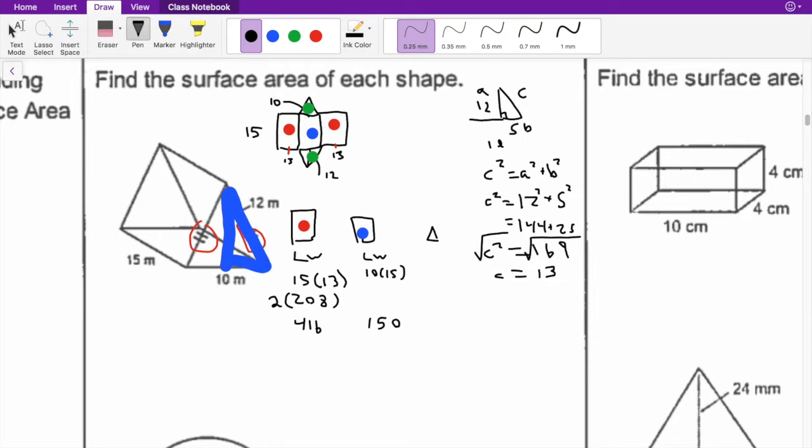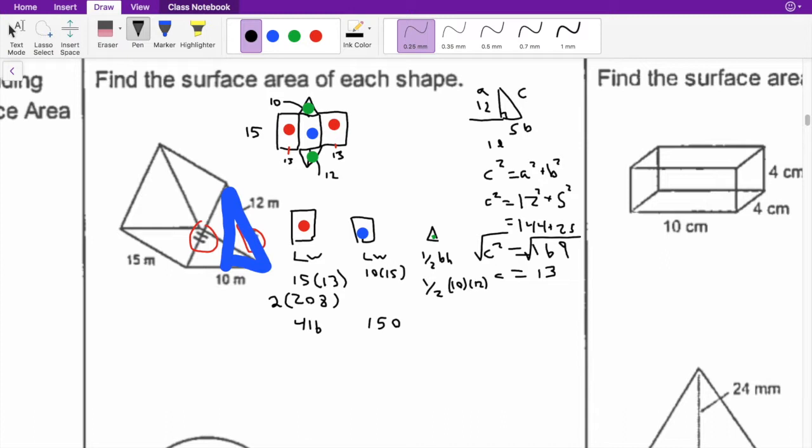Then we have our triangles, which is half base times height. Let's dot those green for lack of a better term here. Here's your green. And so half times the base is 10 and the height is 12.